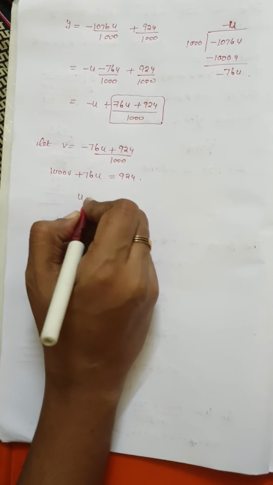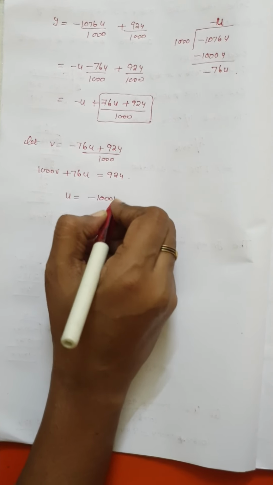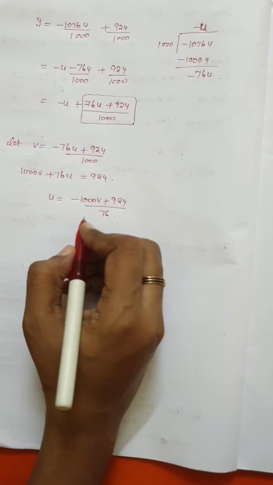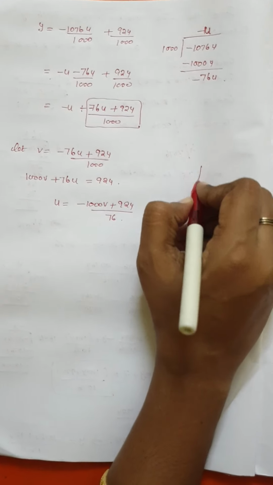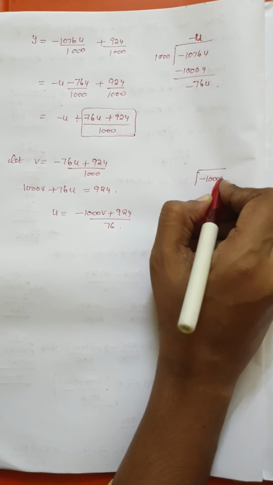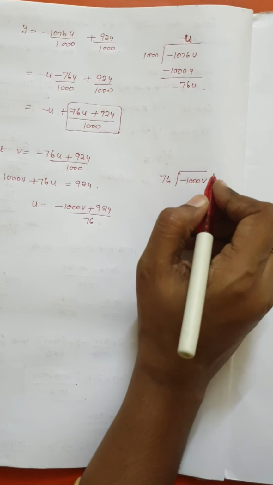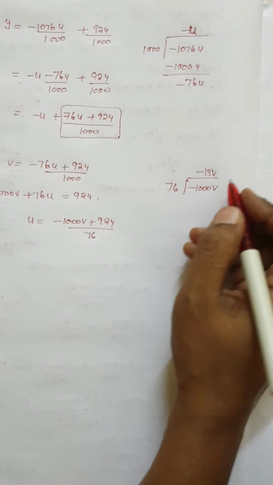From this equation you can find out the value of u as minus 1000v plus 924 divided by 76. Again we apply the division algorithm method. You have to divide minus 1000v by 76. So minus 13v.